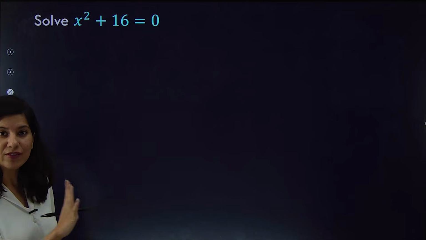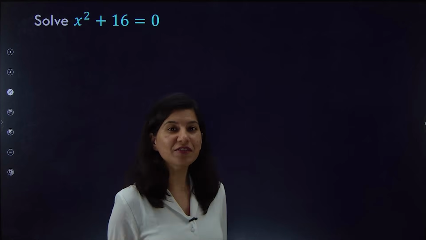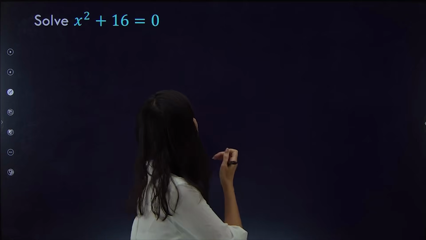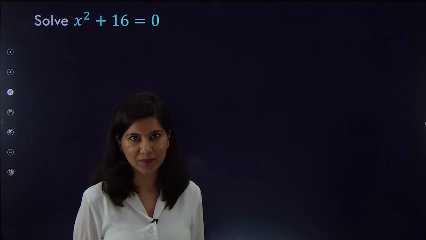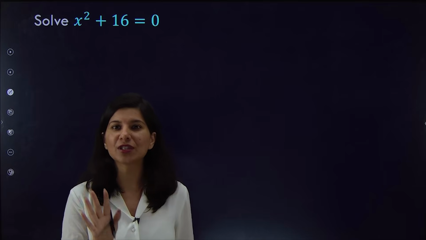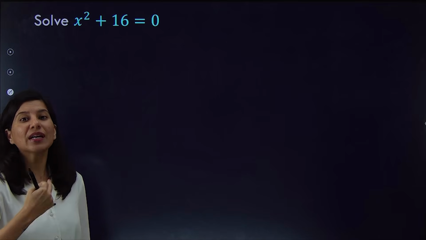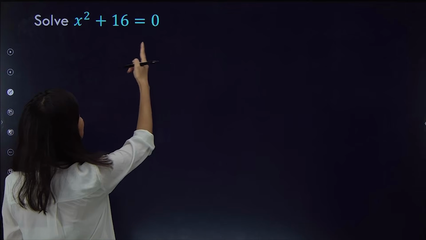Okay, all right. Now let us have a look at this. x squared plus 16 equals 0. If in the real world somebody tells me to solve it, then we will say no real roots. Okay, the discriminant of this particular quadratic equation is negative, but since we are in complex numbers, we need to solve it. So x squared plus 16 equals 0.